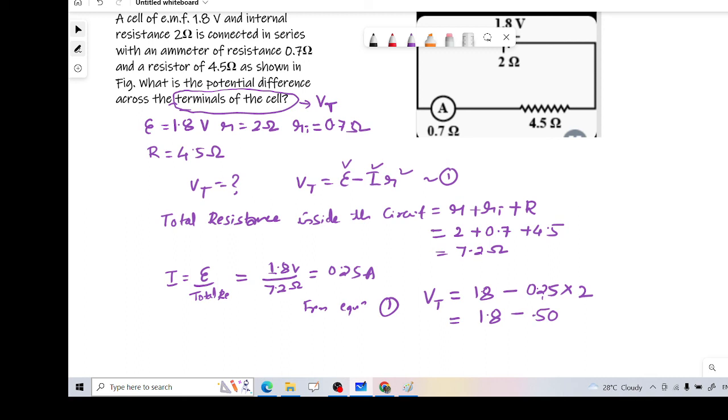This is correct. And now 1.8 minus 0.5 will give us the Vt value, which is 1.3 volt.